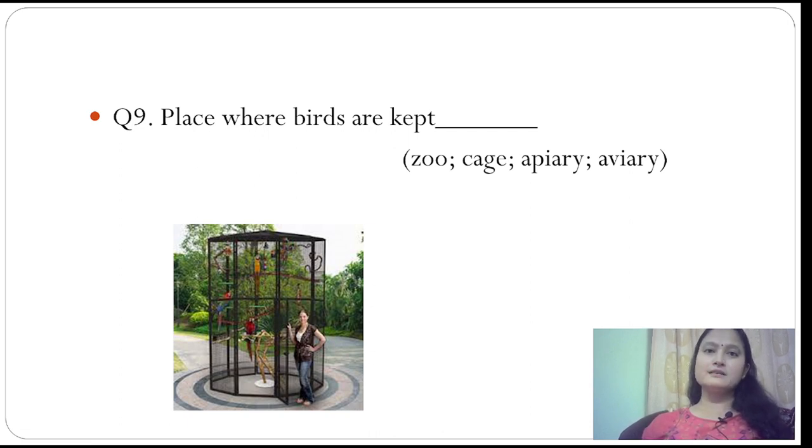For bees, it is apiary, and for birds, it is aviary. So in this picture, you can see that this girl is enjoying a place where birds are kept. So it's an aviary, right? Birds are there. So it's an aviary.